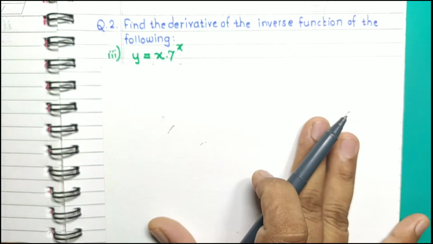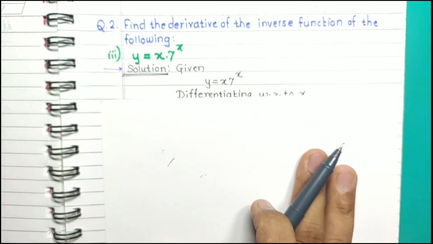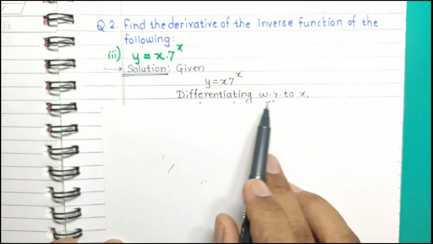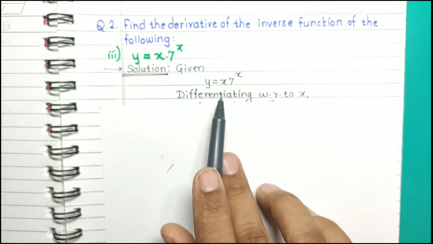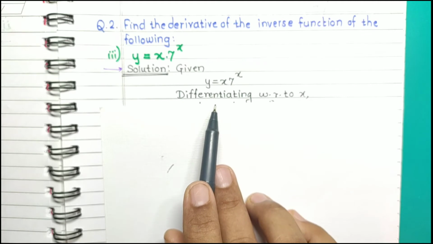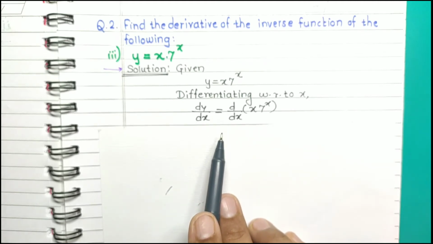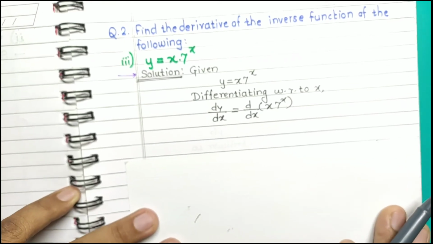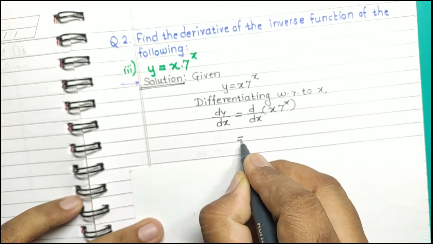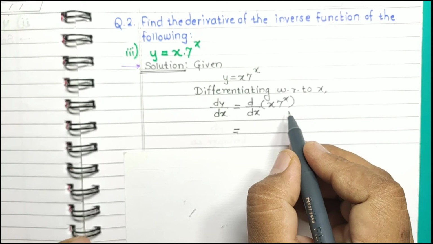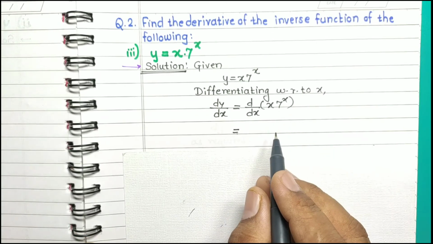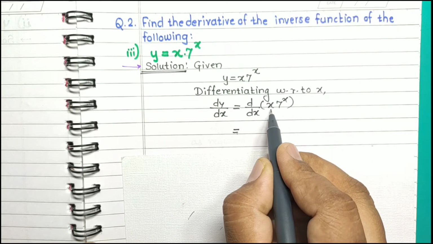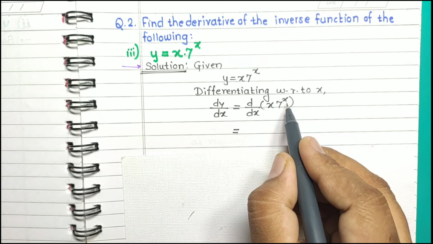So in the solution you write down the given function and, differentiating with respect to x, here we have to find out dy by dx. So dy by dx is equal to d by dx of x into 7 raised to x. So here use the product rule. We have first function x, second function 7 raised to x.